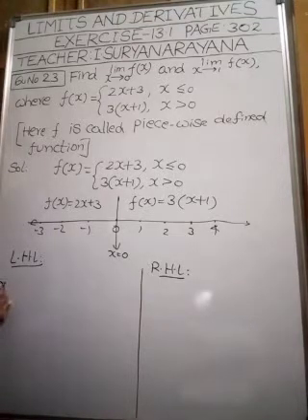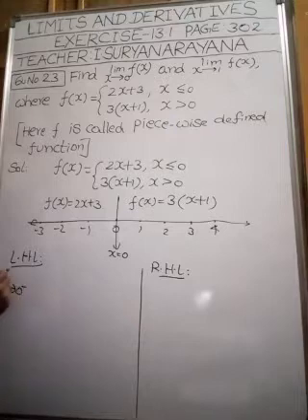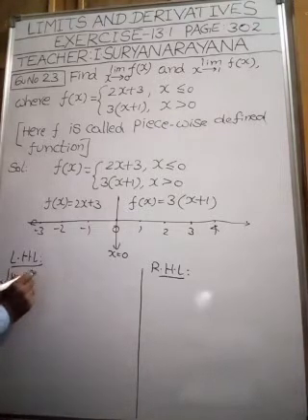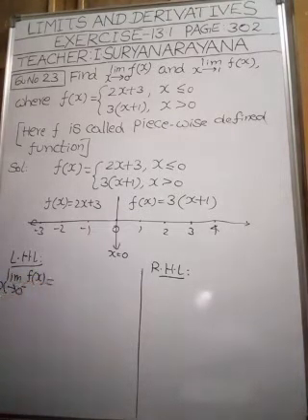So the limit of f of x as x tends to 0 minus, where x tends to 0 minus denotes the left hand limit of f of x at x is equal to 0. This is the symbolic notation of the left hand limit of f of x as x tends to 0 from the left. Okay, my children, understood? Right.